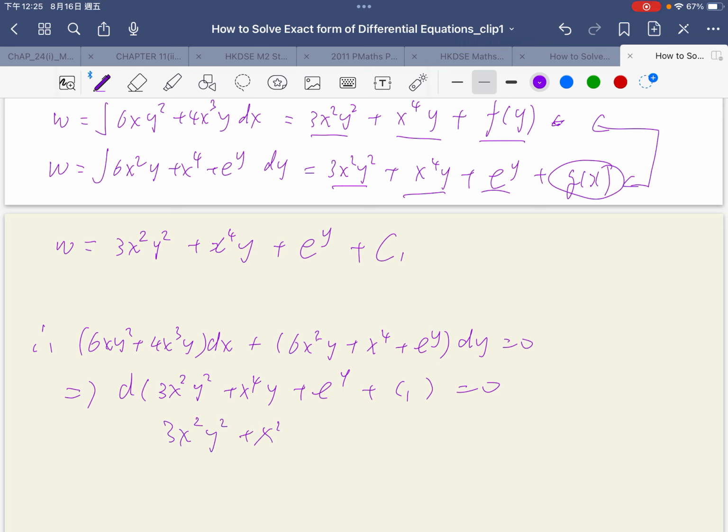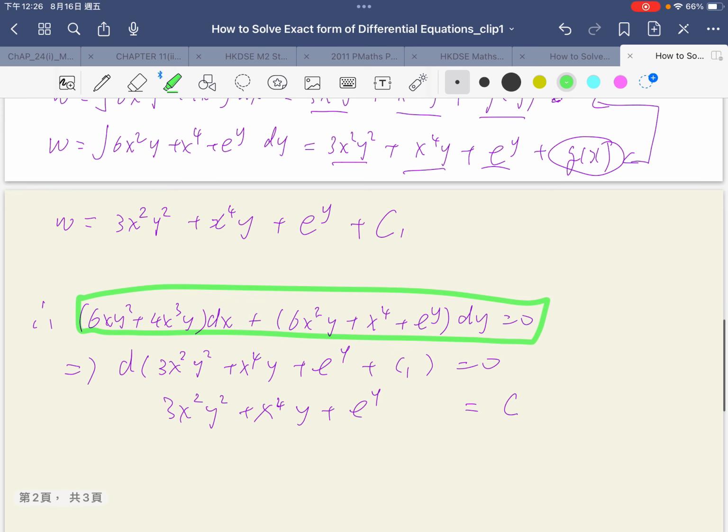Then integrate on both hand sides. We have this, and this c1 here is c. Therefore, we don't need c1 here. This is the general solution of this differential equation.